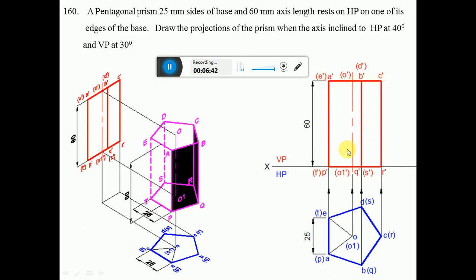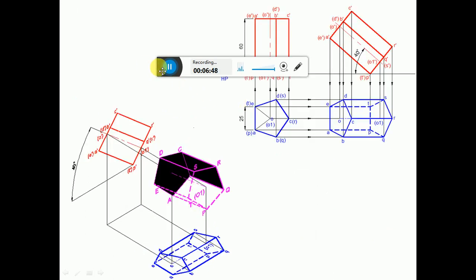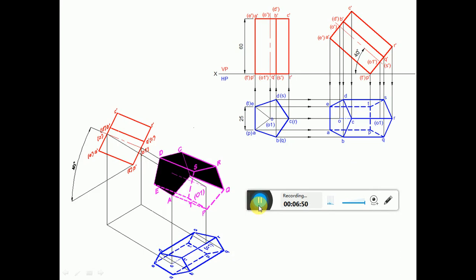So now, since it is resting on one of the edges on HP, obviously the edge which has to rest on HP is P dash, T dash. And now, since the axis is inclined at 40 degrees to HP, the inclination given is the true inclination.